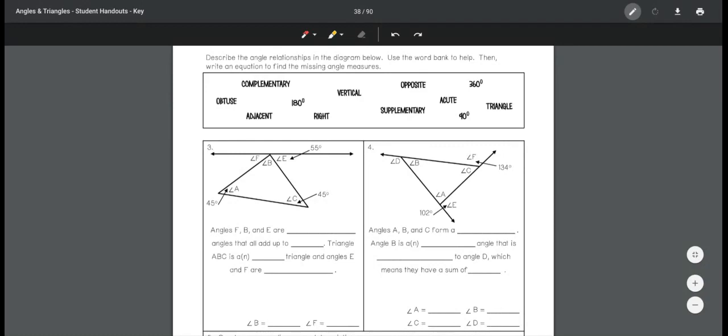Our first one for 3 says angles F, B, and E are. So we've got angle F, angle B, and angle E, which looks very similar to the first one. And we said that those were adjacent. That's because they are all beside each other on this line.